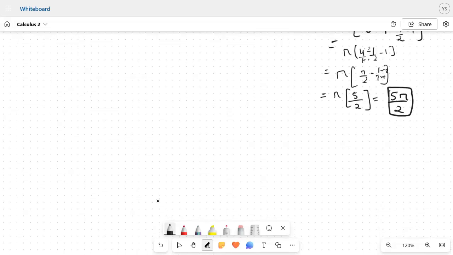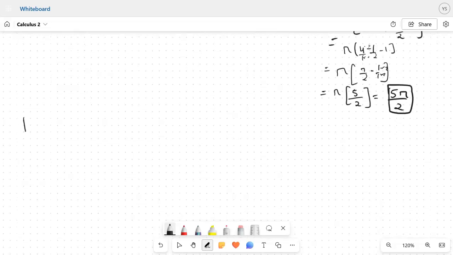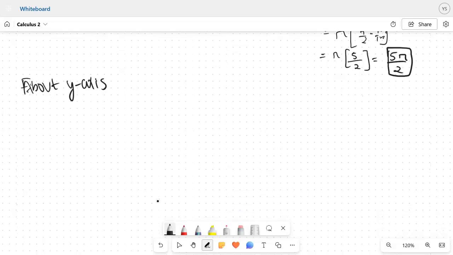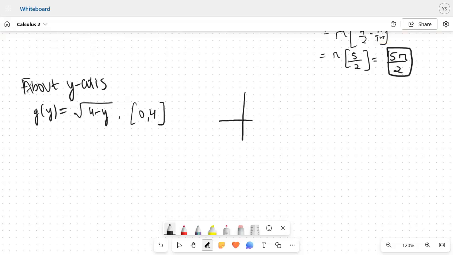Alright, now let's talk about what if we rotate about the y-axis. Let's have a look at a problem where we might need to revolve around the y-axis. So let's say g of y equals square root of 4 minus y, and they're asking us to rotate around the y-axis from 0 to 4. Let's draw this to see.